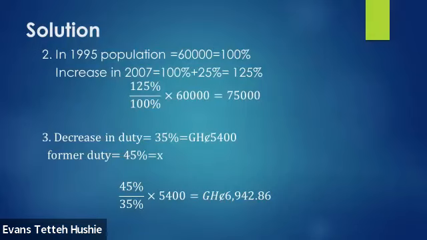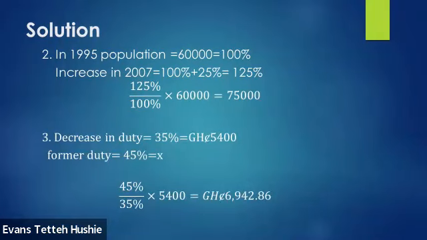They were subtracting 100 from 35 and all. The question is straight to the point. The duty was 45%, and it has been decreased to 35.